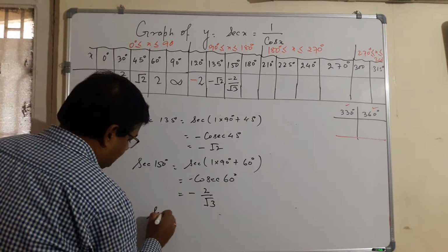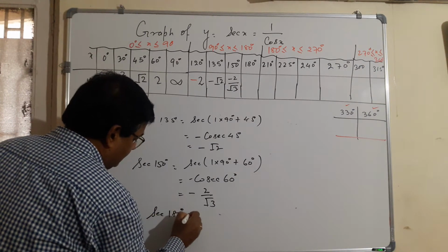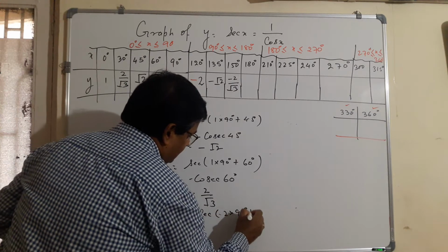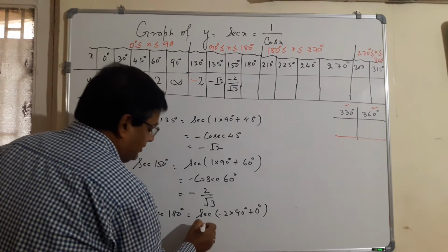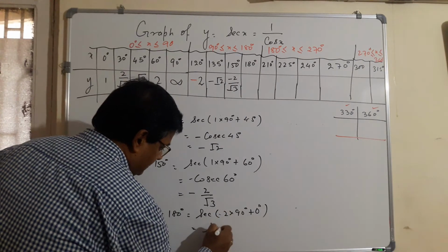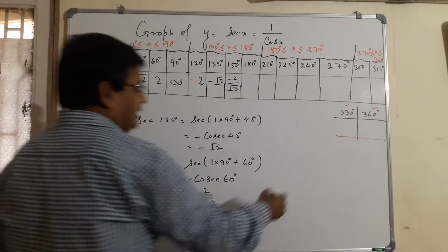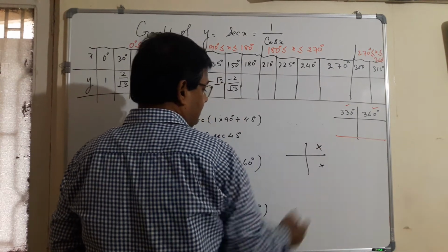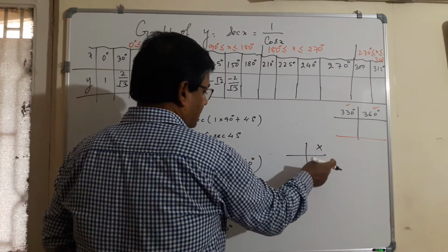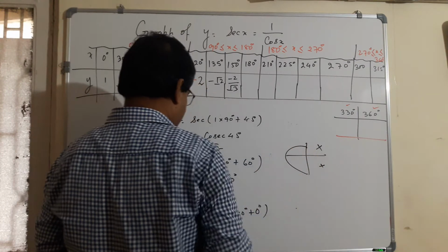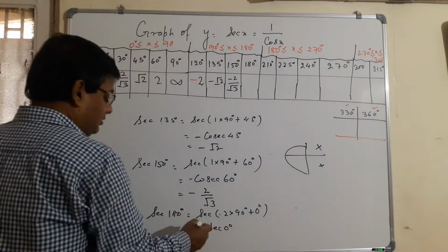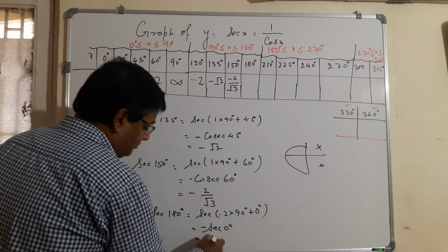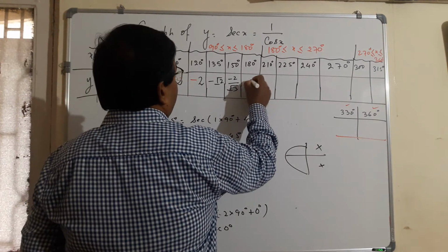Now here sec 180 degree. So sec of 2 into 90 plus 0 degree. Here there is no change, sec 0 degree. Sec is positive in the first and fourth quadrant. Here sec is negative. So for 180 degree it becomes minus. Sec 0 degree is 1, so it becomes minus 1.